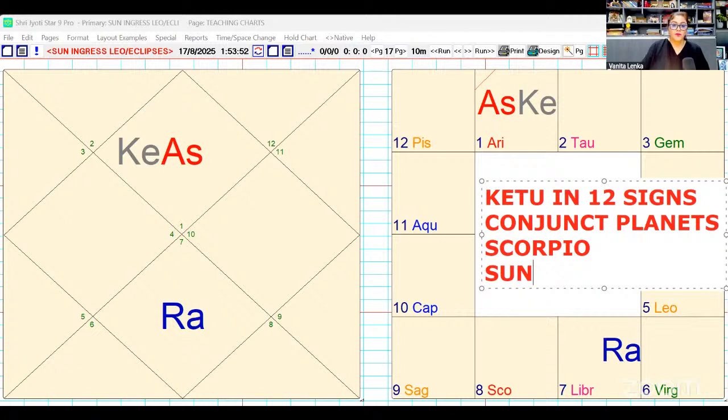Scorpio Sun generally illuminates that zone, related to what you're going through in relationship and other people's finances. You have to make decisions. So Sun Ketu will not be giving you that limelight, or something which was hidden might just be hidden only.